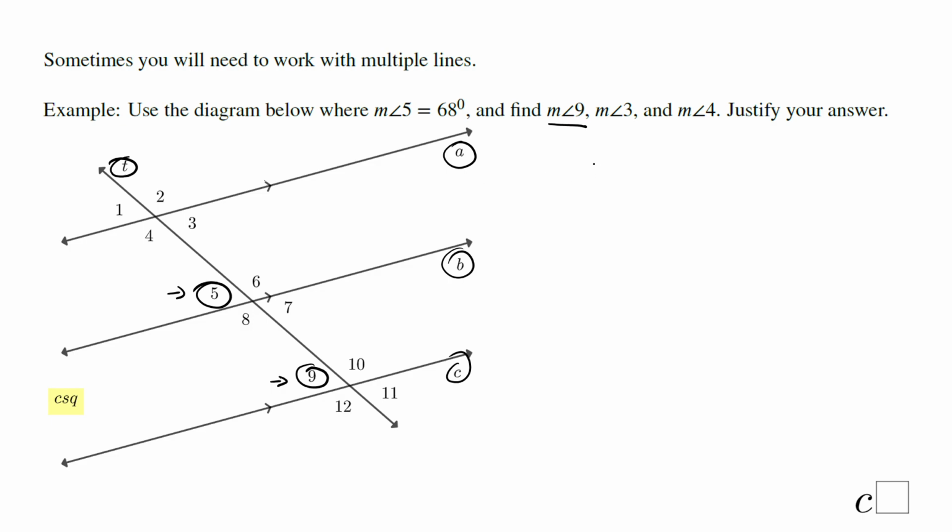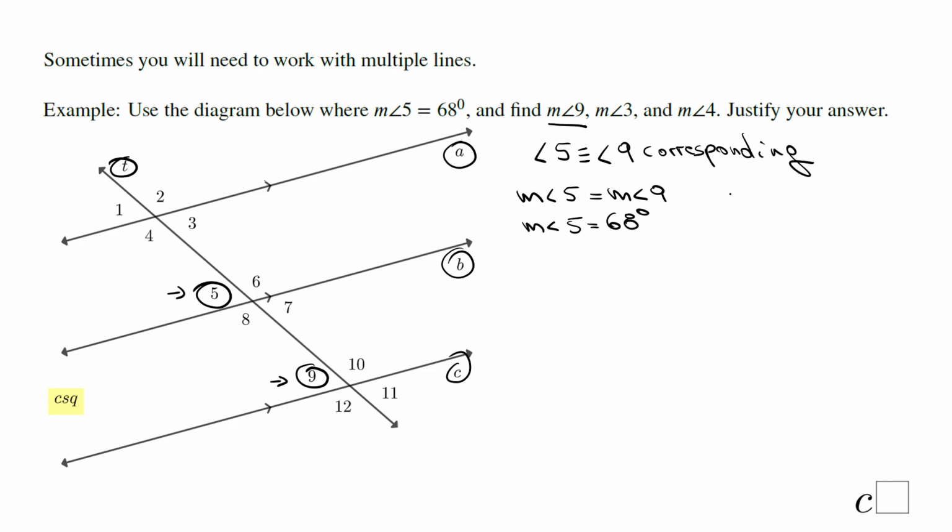So angle 5 and angle 9 are congruent, and we can see that in the picture also, because they are corresponding angles. So the measure of angle 5 is the same as the measure of angle 9. Since the measure of angle 5 is 68, given to us, the measure of angle 9 is going to be the same, 68 degrees.